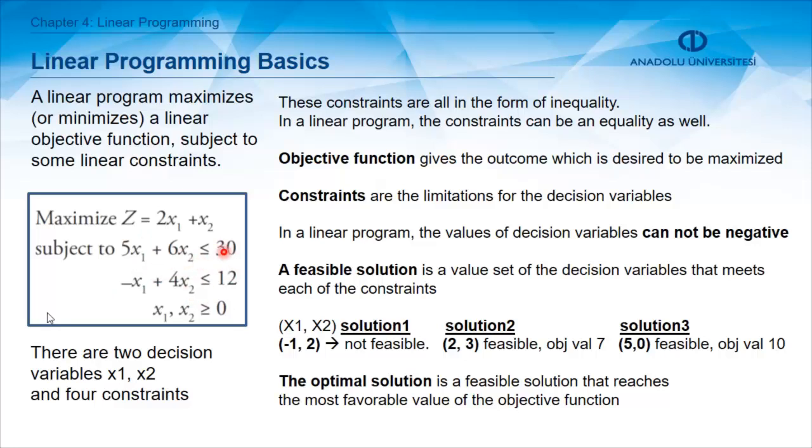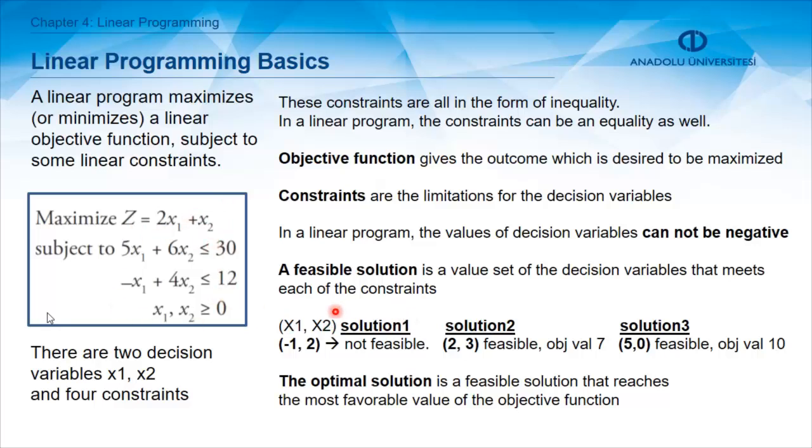In a linear program, the values of decision variables x1 and x2 cannot be negative, and it's given at the bottom line of the program, and these are called non-negativity constraints, as the values of the decision variables must be non-negative. A feasible solution is a set of decision variables that meets each of these constraints.